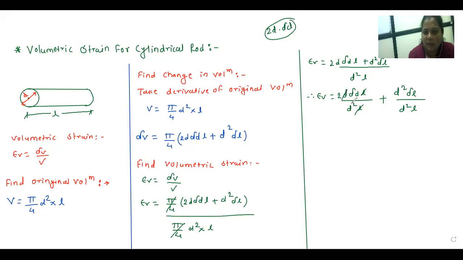So here 1d and 1d get cancelled, and this d square gets cancelled.